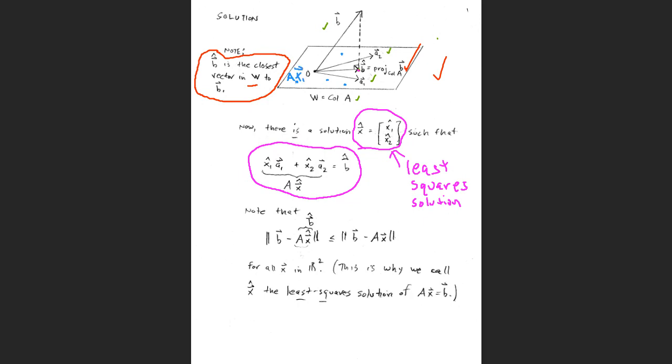Maybe that gives you a point over here. This point here could be A times the vector x2. Only A times the x hat vector, which is the projection of the vector b onto the column space of A, only that vector will be the closest vector to the vector b.